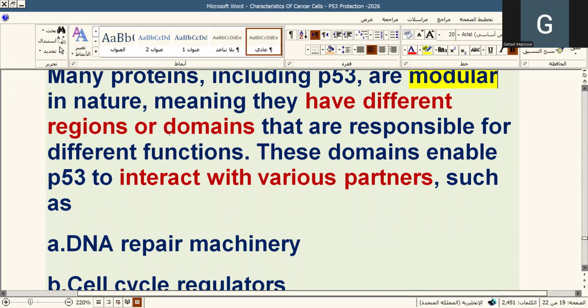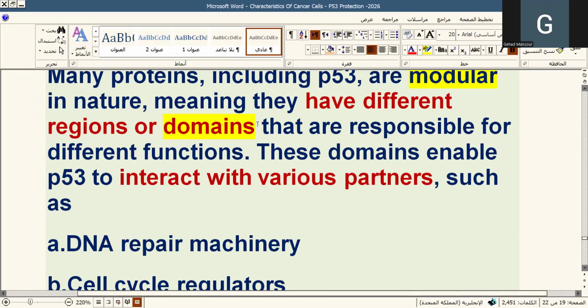And in the three-dimensional structure, they always have specific regions or specific domains that can bind with only specific molecules or signaling molecules. And why are those domains specific? By their shape and by their charge.